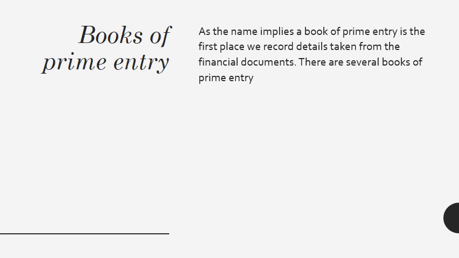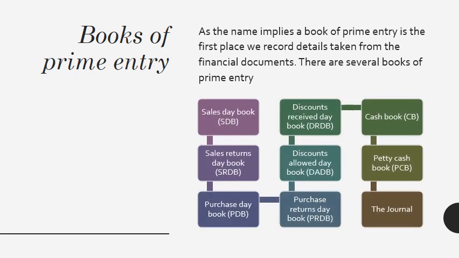The ones that we will be looking at on this course include the following: the sales day book, the sales returns day book, the purchase day book and the purchase returns day book, the discounts allowed day book, the discounts received day book, the cash book, petty cash book and the journal. Now, we're not going to look at what each of these does in this session, but we will look at all of these throughout this course.